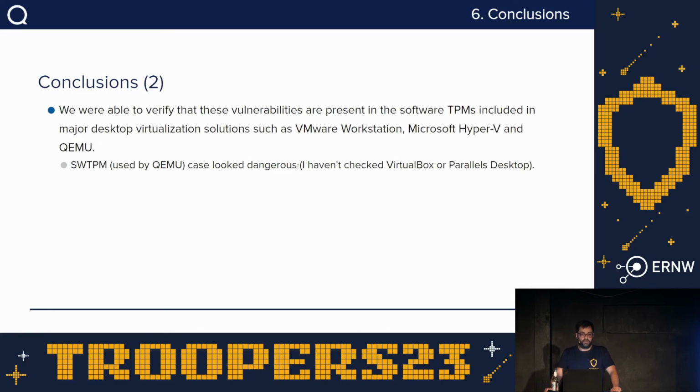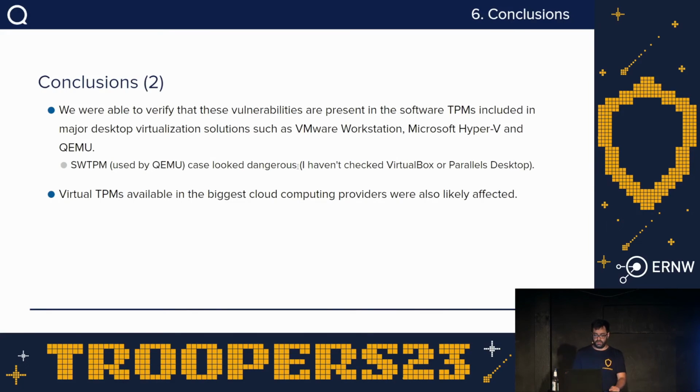The one used by QEMU looks the most dangerous because it's a buffer in the heap and it is the exact size of the maximum TPM command size. But I haven't checked other solutions such as VirtualBox or Parallels Desktop because, as I said, I moved to other things.